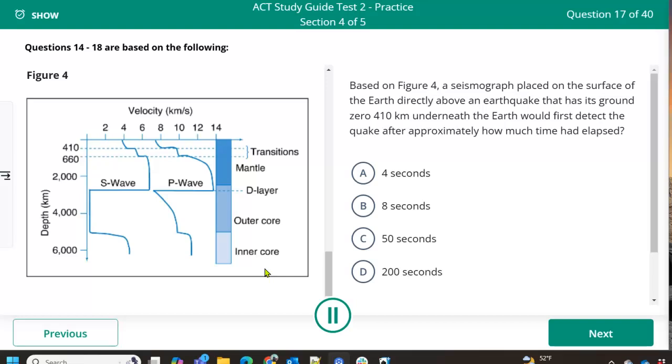Okay, so I think the mistake to avoid here is looking at this as though it represents elapsed time, which it doesn't. This is just showing a velocity. So one thing that we can see from this is that the P waves move faster, and so the P waves are going to be the first detected.